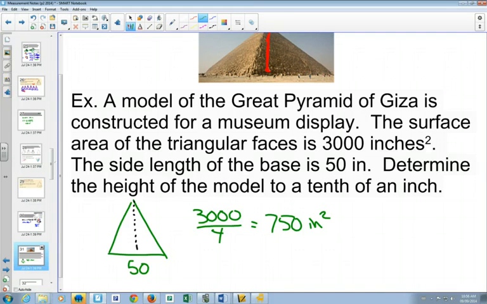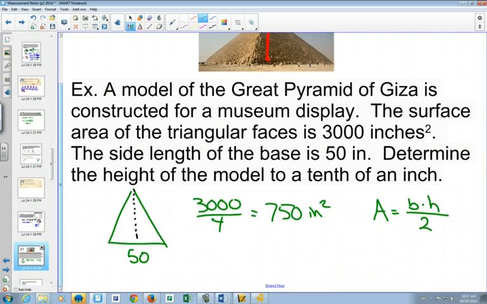And this is where your formulas come in and algebra comes in. You know that the area of a triangle is base times the slant height divided by 2. And can you see that we know all of these things except for h? Anytime you know all of the variables except for one in a formula, you can plug it in and figure it out.